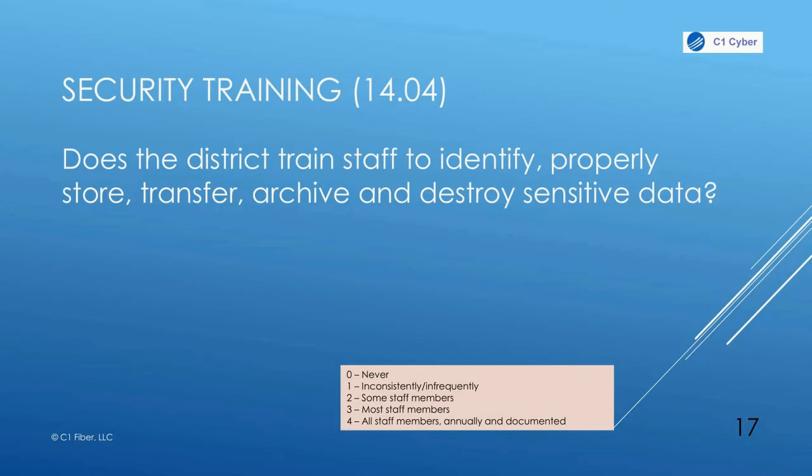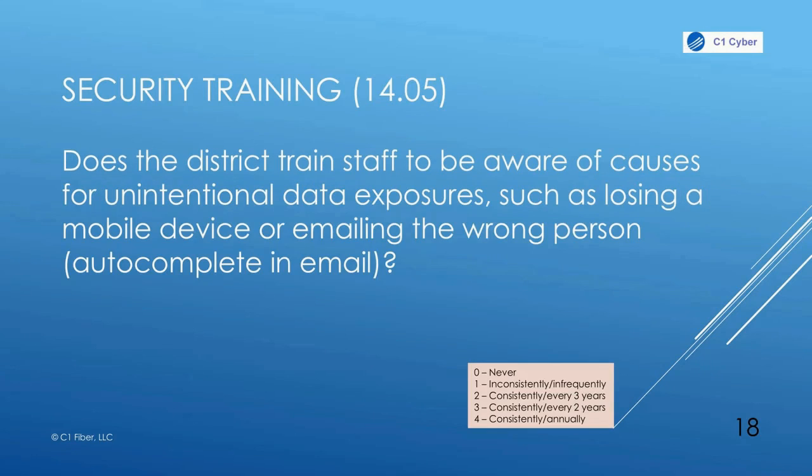Score 2 if this training is provided consistently to some staff members. 3 if training is provided consistently to most staff members. And 4 if training is provided consistently and annually to all staff members and the training is documented. Pause the video now in order to consider and record your answer before continuing.